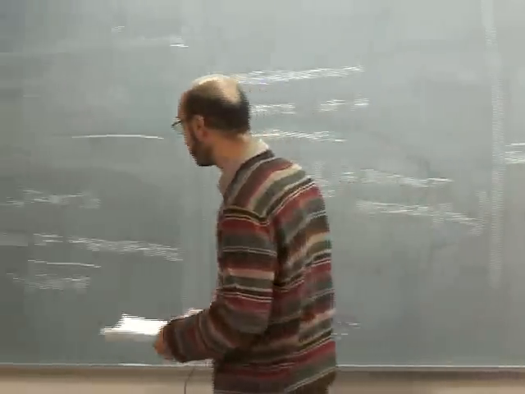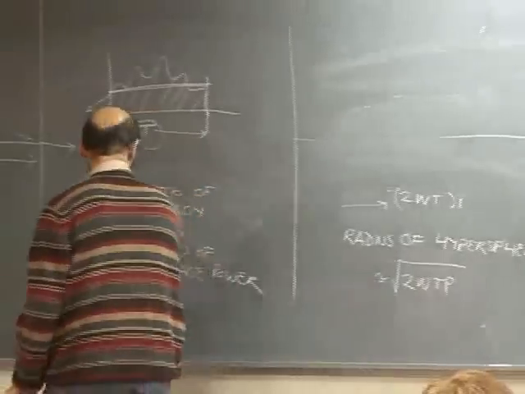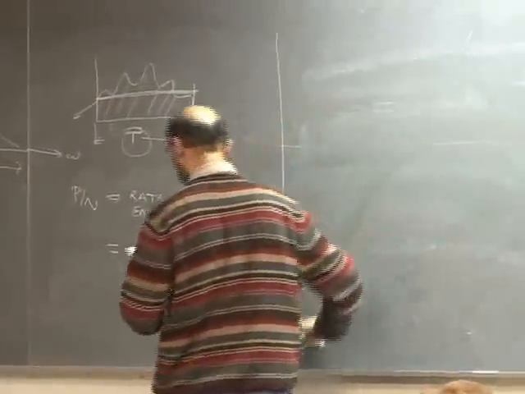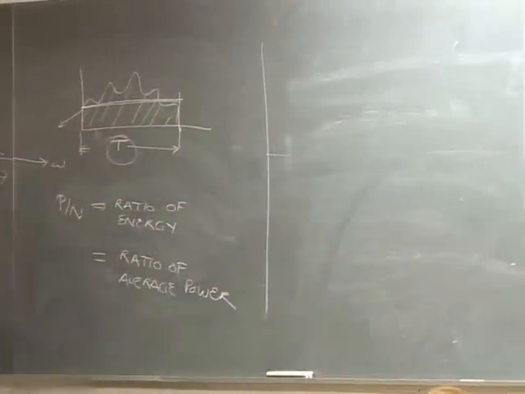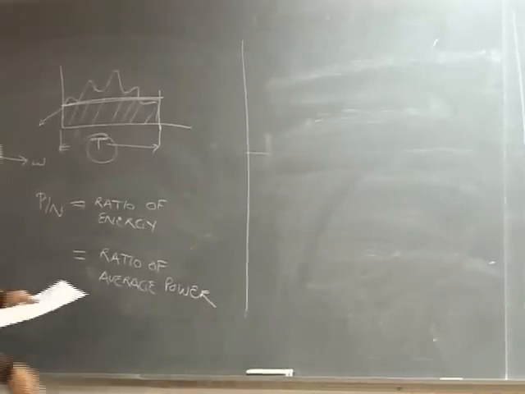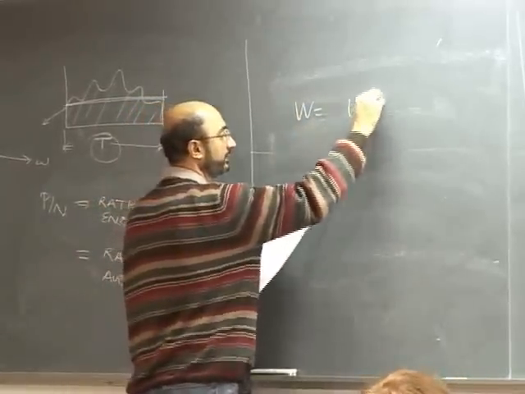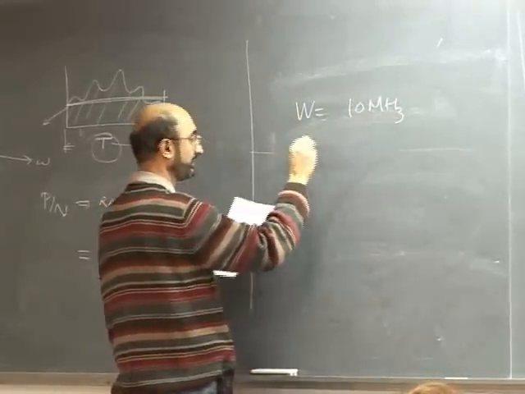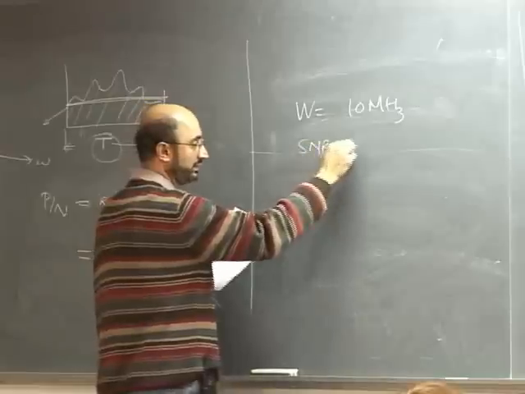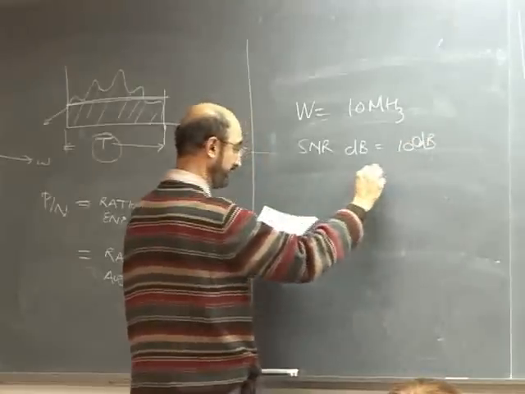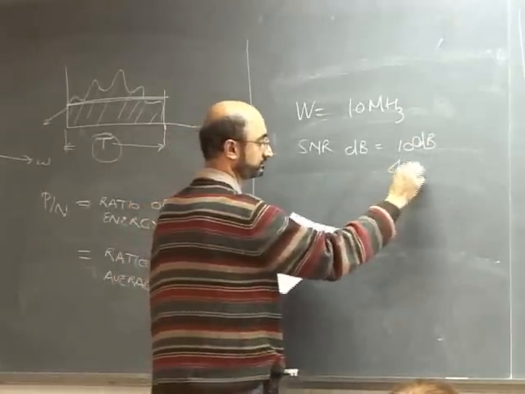To demonstrate this, let's look at the homework example where I said, what is the channel capacity of a Gaussian channel with bandwidth of 10 megahertz and with the signal to noise ratio in dB of 10 dB and 30 dB and 40 dB.